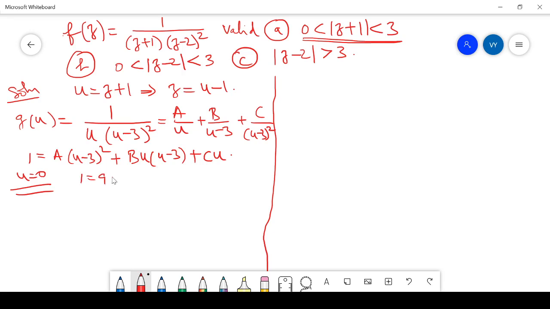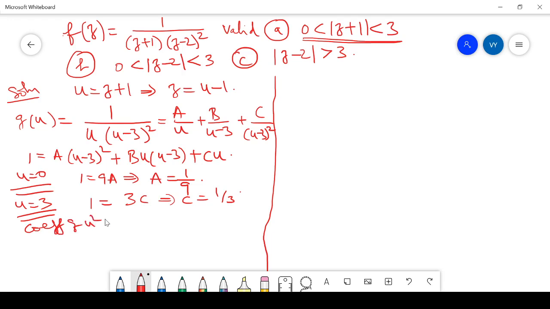I'll have 1 is equal to 9a, or a is equal to 1 by 9. When I substitute u is equal to 3, the first two terms on the right hand side become 0. I'll have 1 equal to 3c, or c will be 1 by 3. When I equate the coefficient of u squared, I'll have a plus b is equal to 0. From that b will be minus 1 by 9.